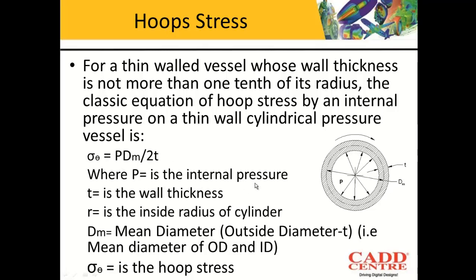P is the pressure acting, dm is the mean diameter, which can also be calculated by outside diameter minus T, and sigma theta is nothing but the hoop stress.